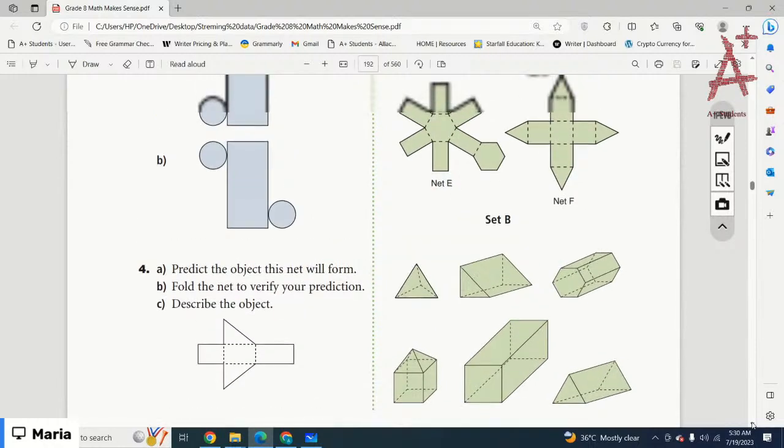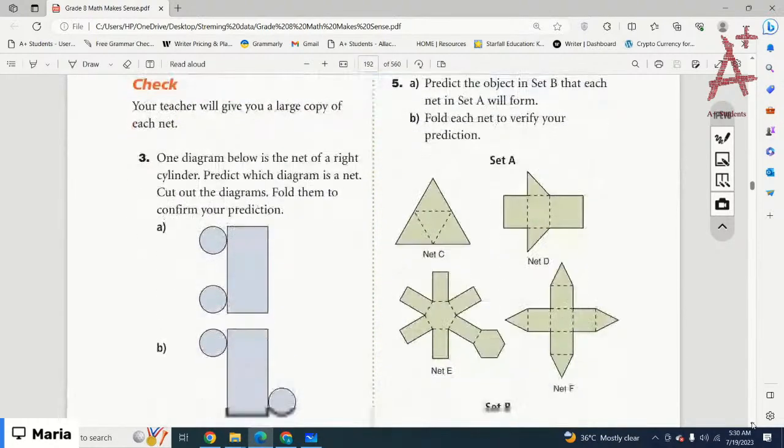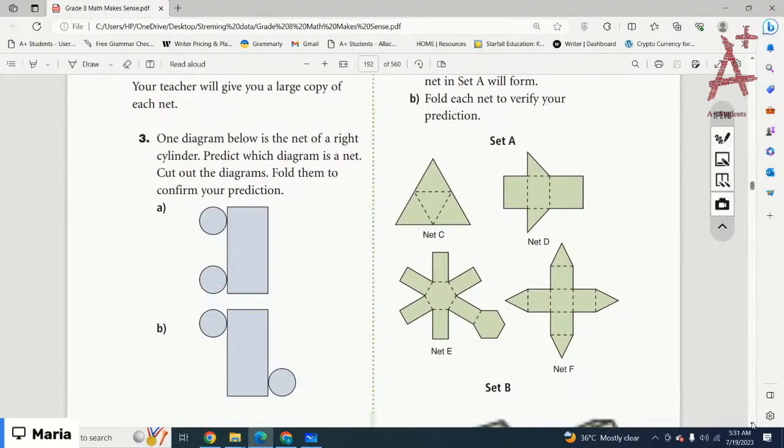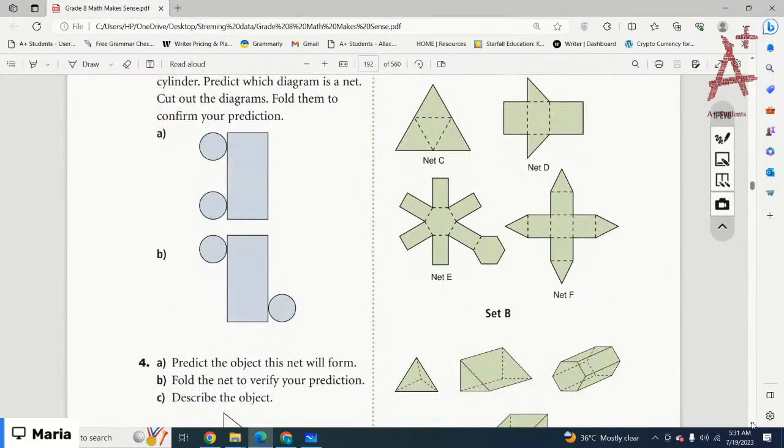Okay. Predict the object in set B that each net in set A will form. Fold each to verify. Okay, let's see which one. Net C will make this one: triangular pyramid. Net C will make a triangular pyramid.